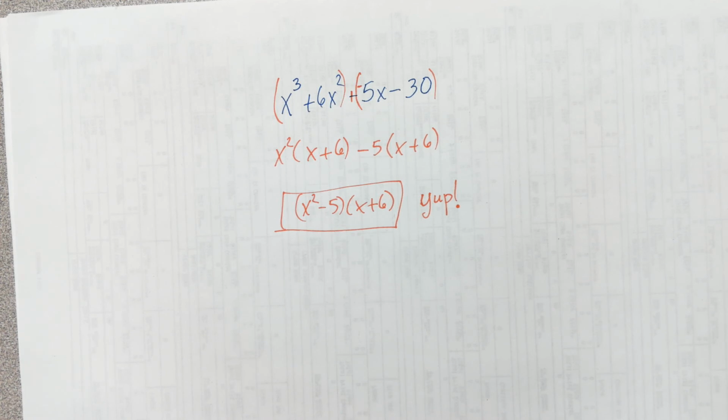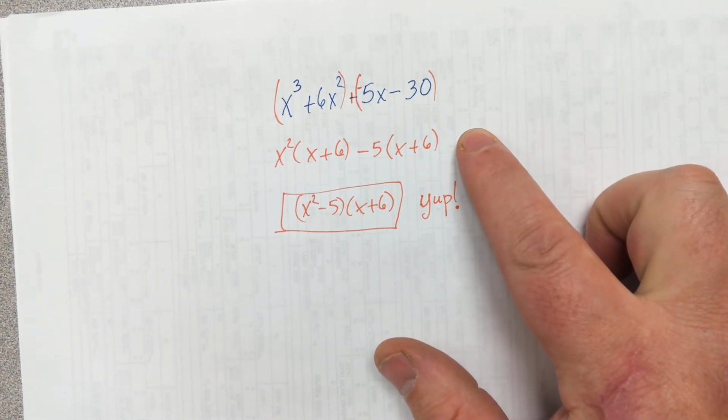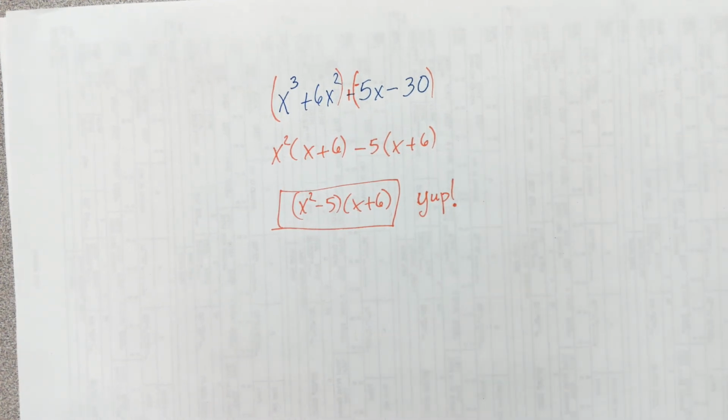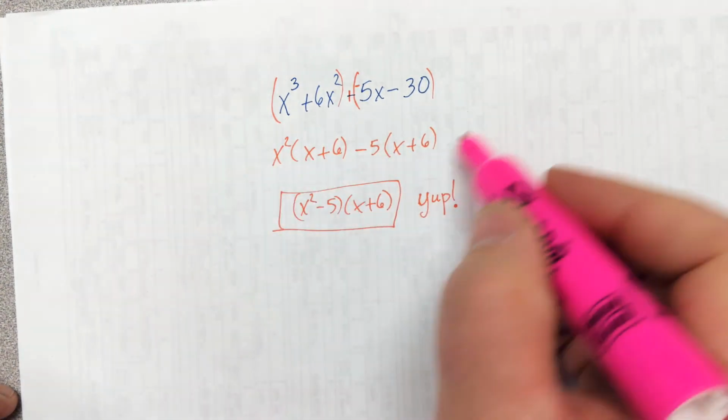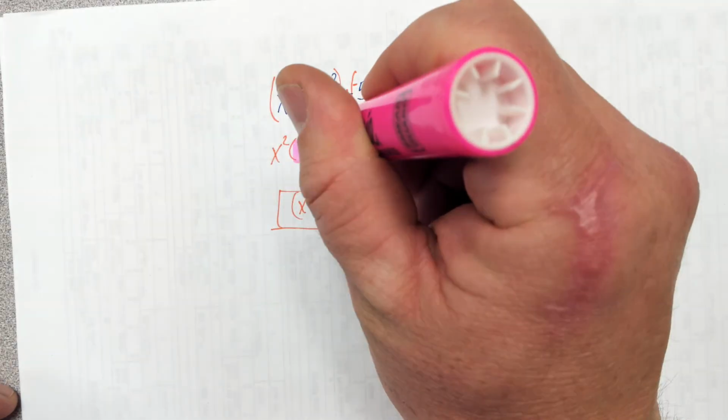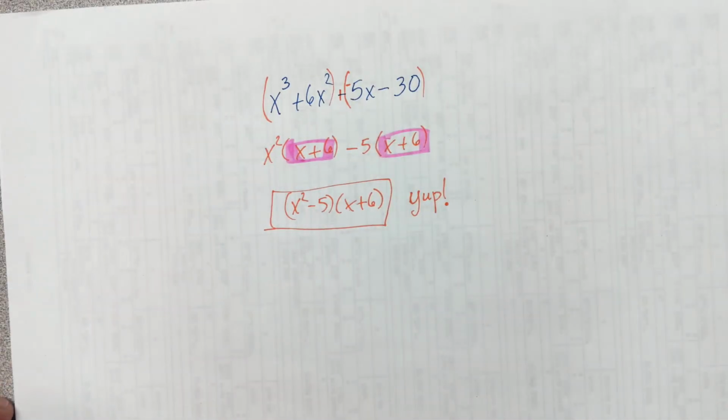I got the second one. I got the bottom part wrong. Well, here's the thing for this right here: this is the thing they have in common. This is the thing you're going to take out. X plus 6. I didn't catch that. It got you on the homework last time too.